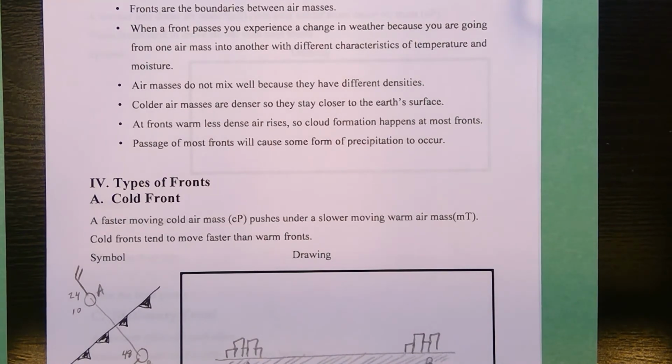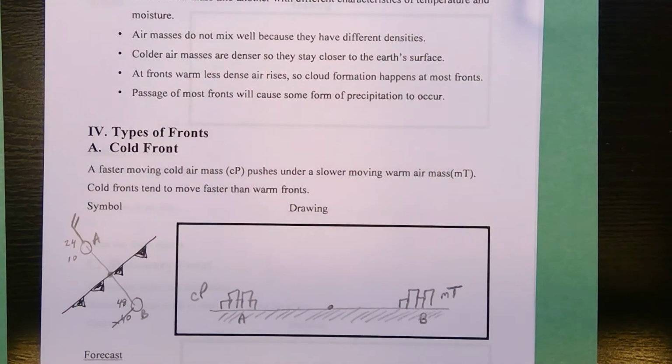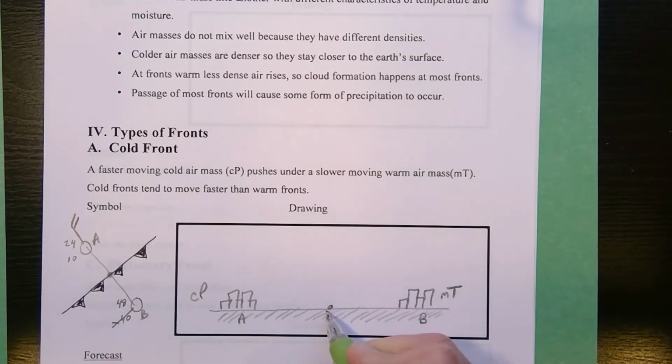You can time how fast the front moves. I've got A in a continental polar air mass and B in a maritime tropical air mass. Right here, this point where the air masses meet on the surface is going to be a line, and that's going to be the cold front symbol line.